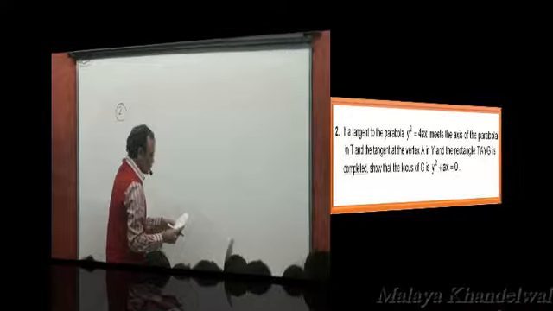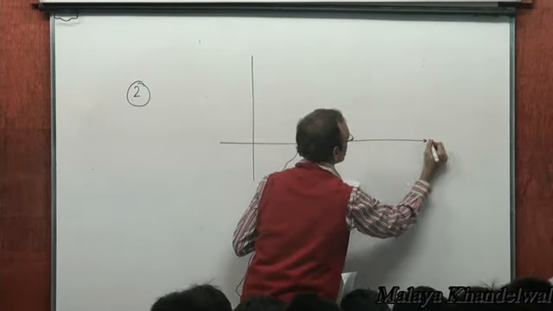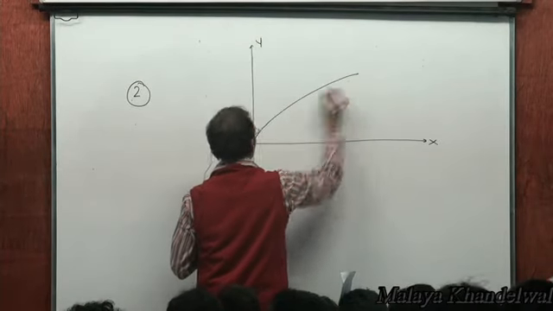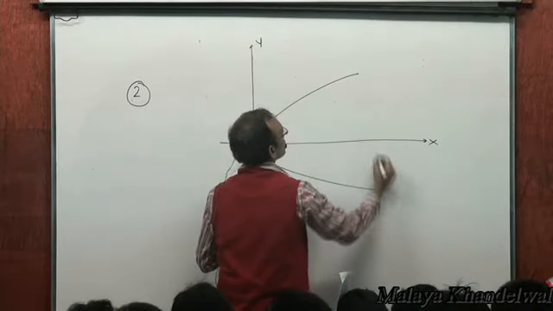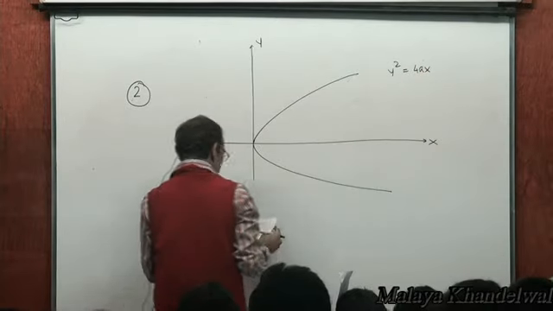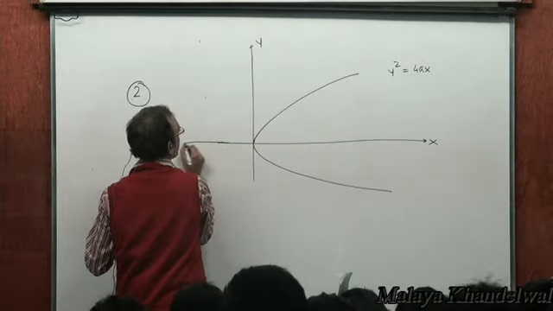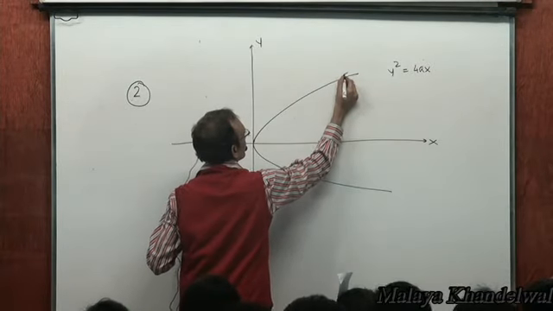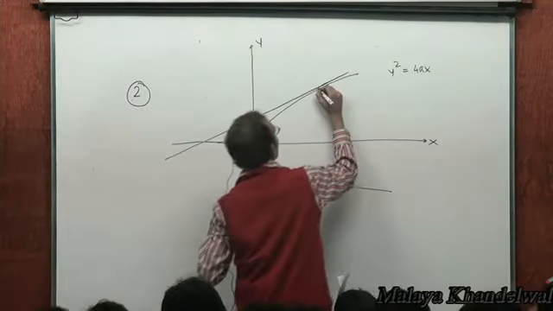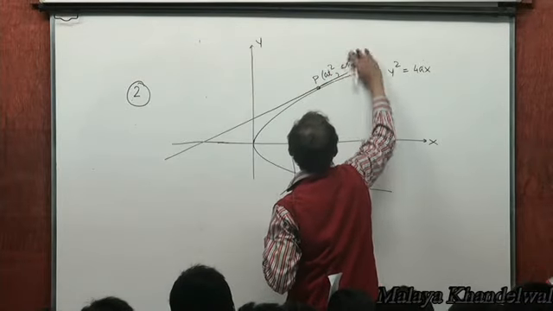If a tangent is drawn to the parabola y squared equal to 4ax, and if a tangent is drawn to meet the axis in T, there is a tangent drawn at a certain moving point P. For different T's, you will get different P's.